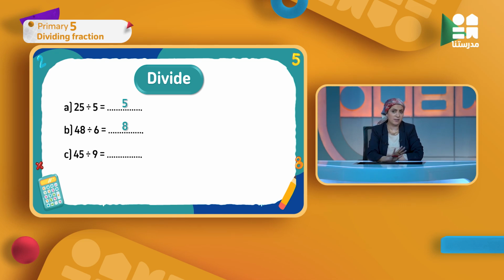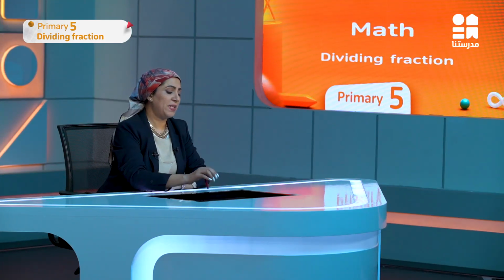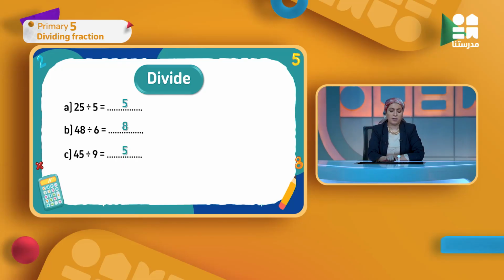The same idea and the same way. I will look in table 9 for the number that when I multiply it times 9 gives me 45. It's 5. So this is how we answer simple dividing questions.